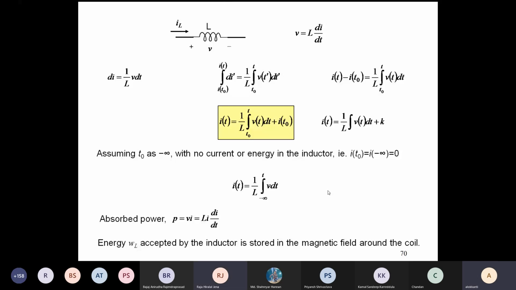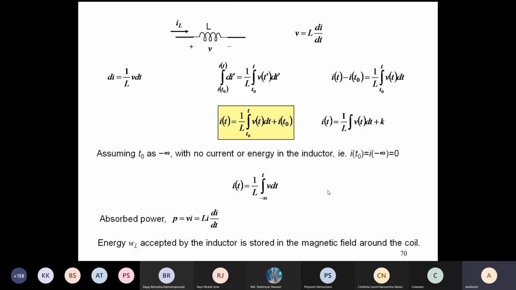Sir, how can the time be minus infinity? How can we take this? No, that is hypothetical.